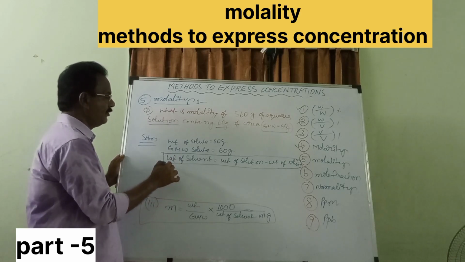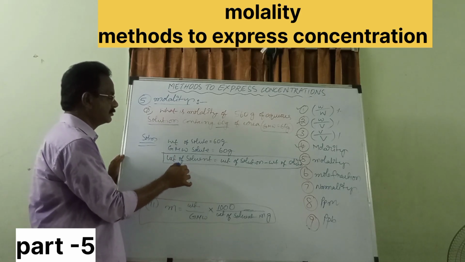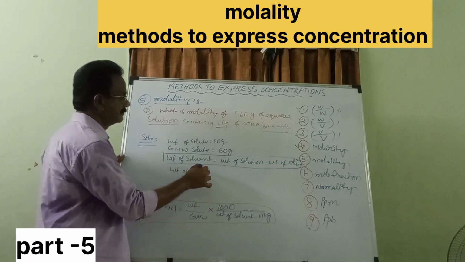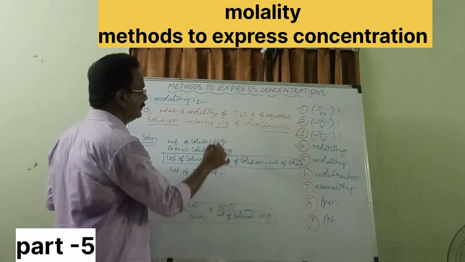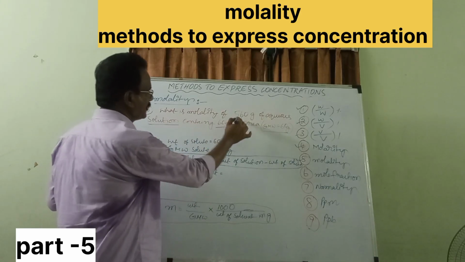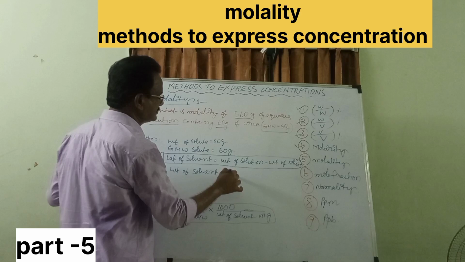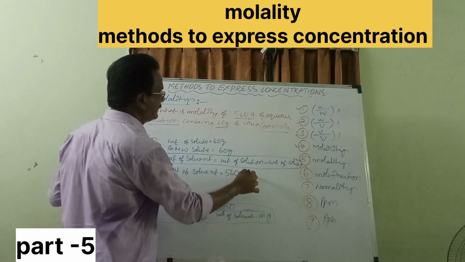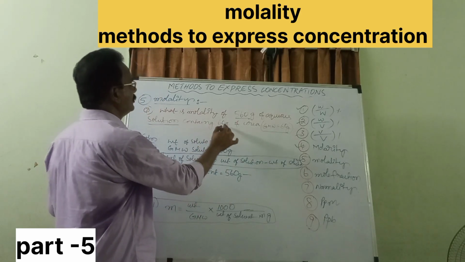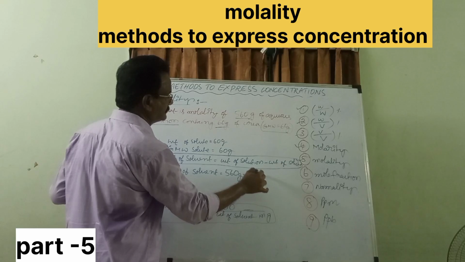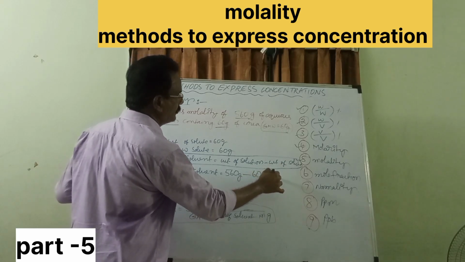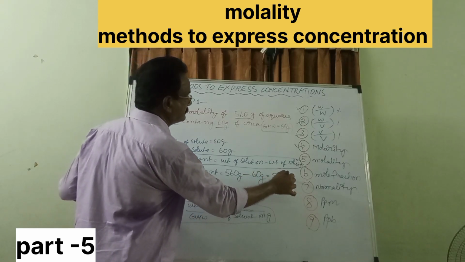Okay. Now, weight of solvent is equal to weight of solution given in the problem, that is 560 grams, minus weight of solute given in the problem, 60 grams. It is equal to 500 grams.